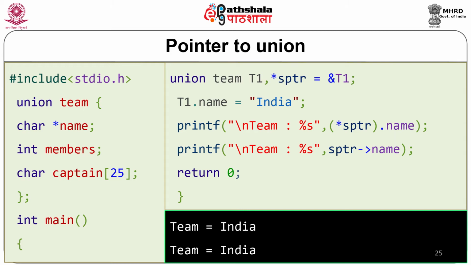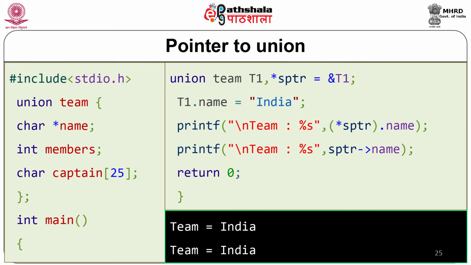After this, we are using student1, struct student database star ptr equal to ampersand student1. It means we can store student information using a pointer along with a structure.